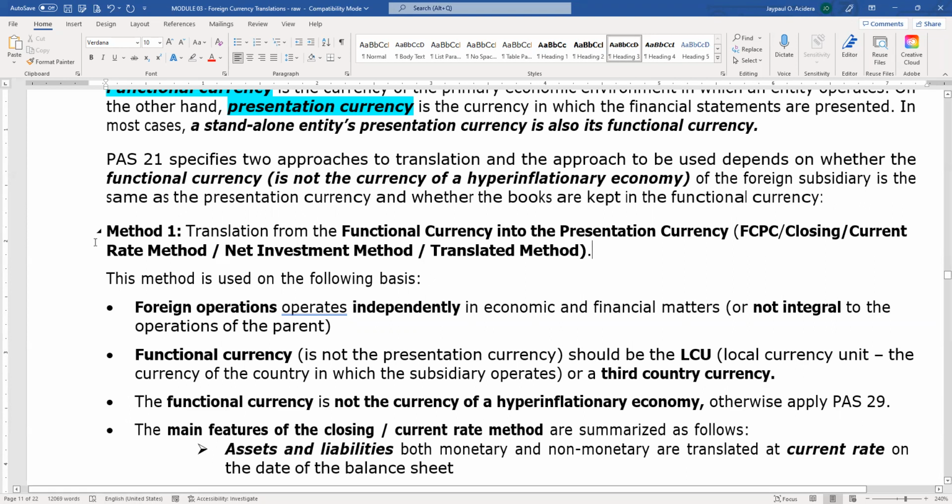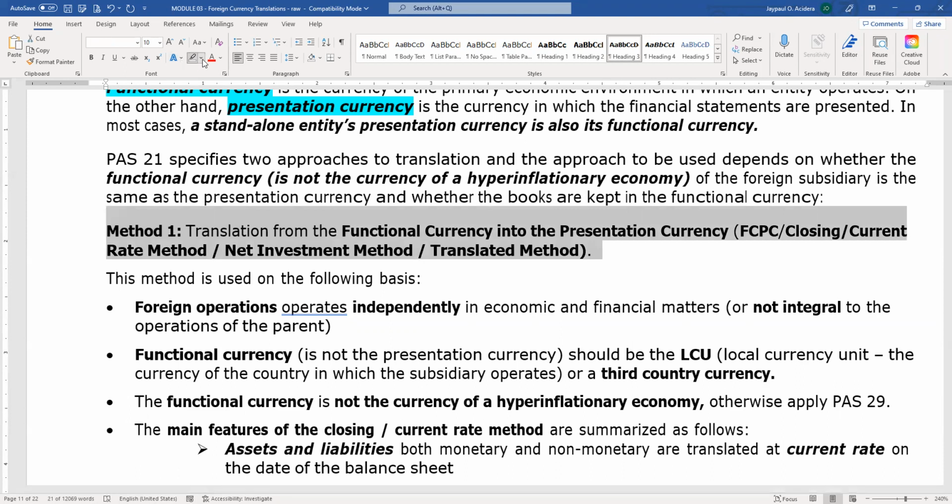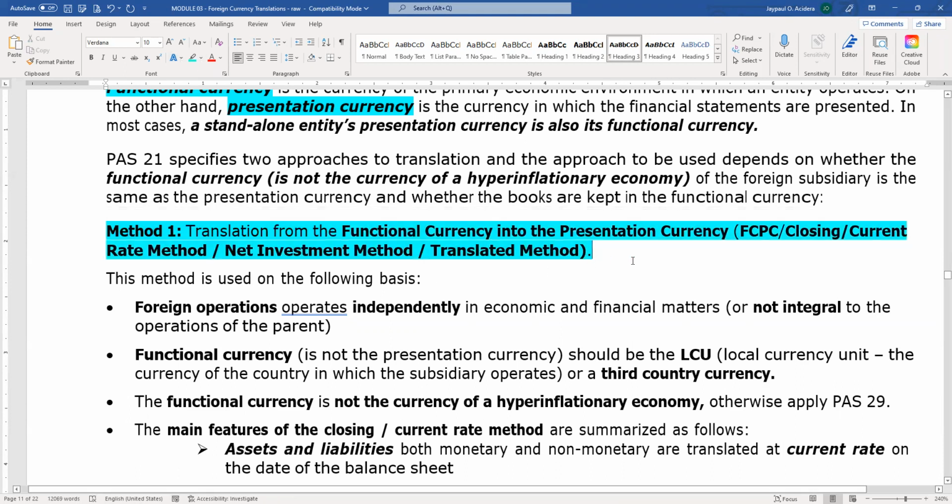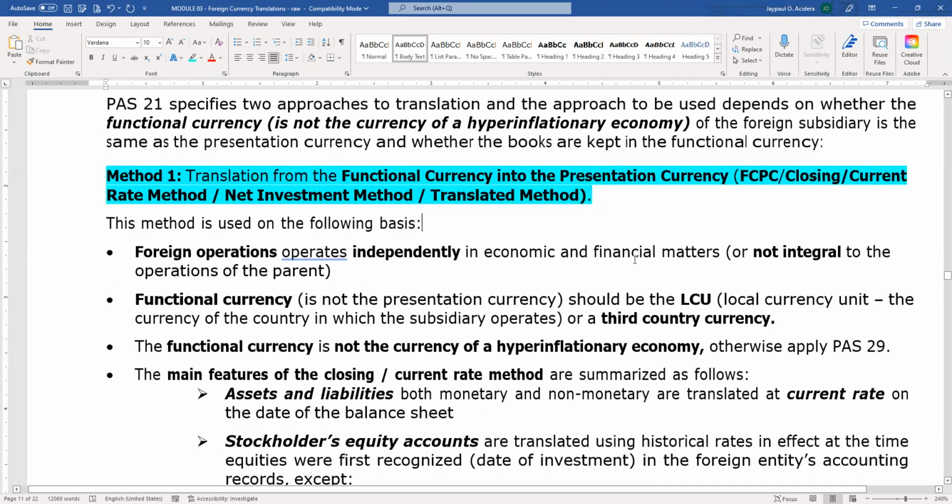Okay, so we have two methods again. We have method 1, which is translation from the functional currency into the presentation currency. So dun sa binigay kong example, the functional currency is, let's say, for example, in Singaporean dollars, and then the presentation currency should be in Philippine peso.